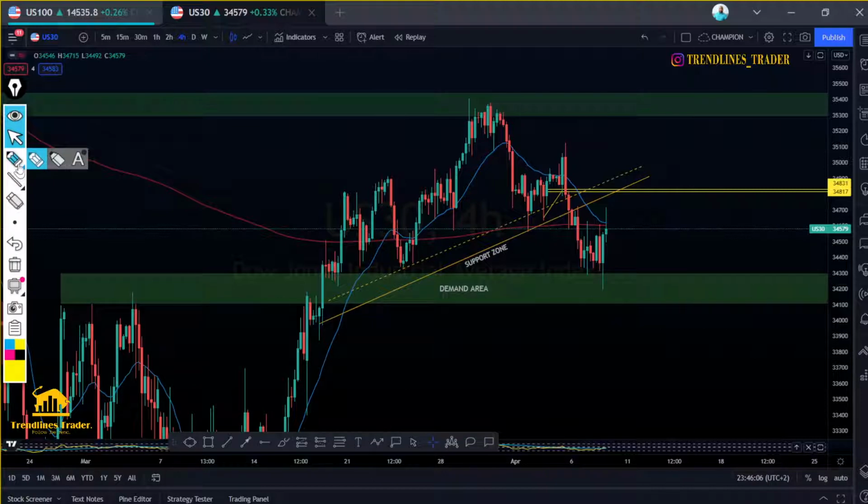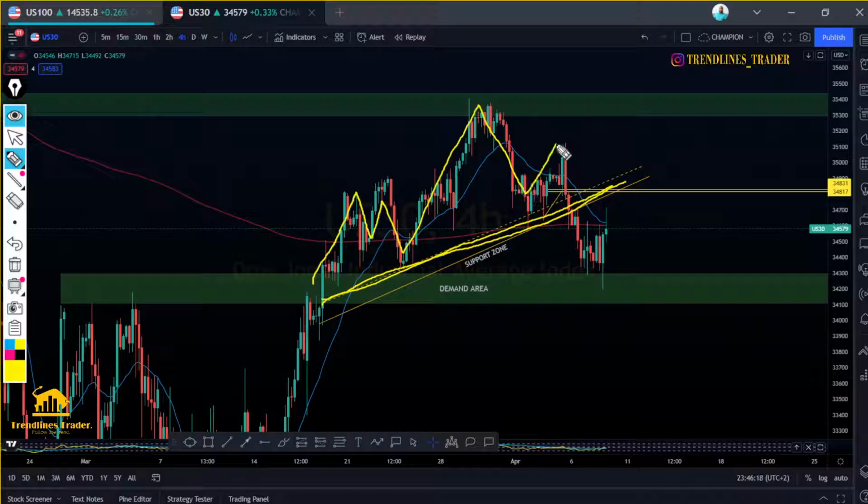The price previously gave us this type of structure where it was pushing towards the upside. We traded our Dow Jones as the bullish trend. As you can see, the price was giving us this type of structure where it was respecting the horizontal areas.